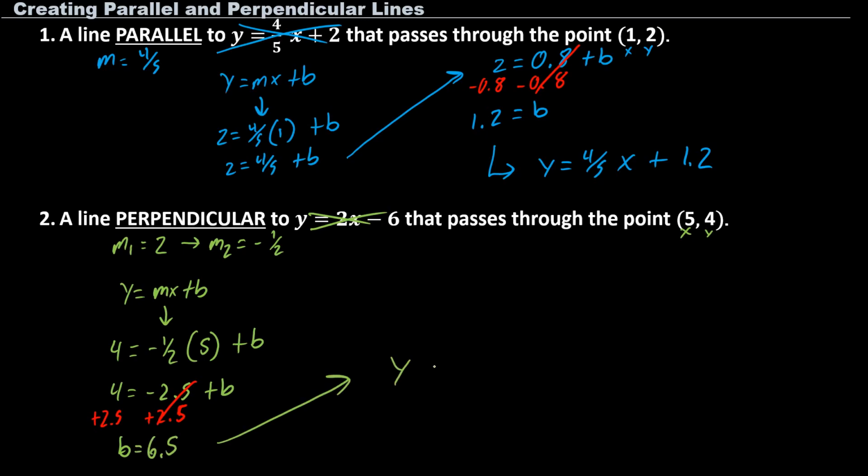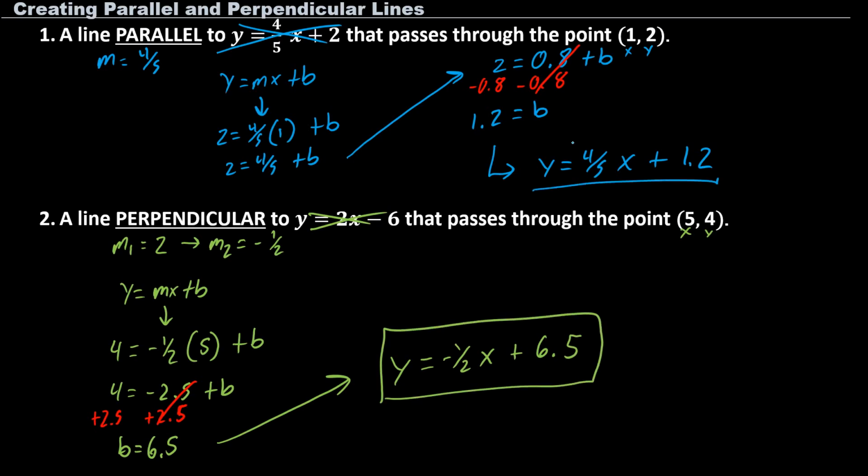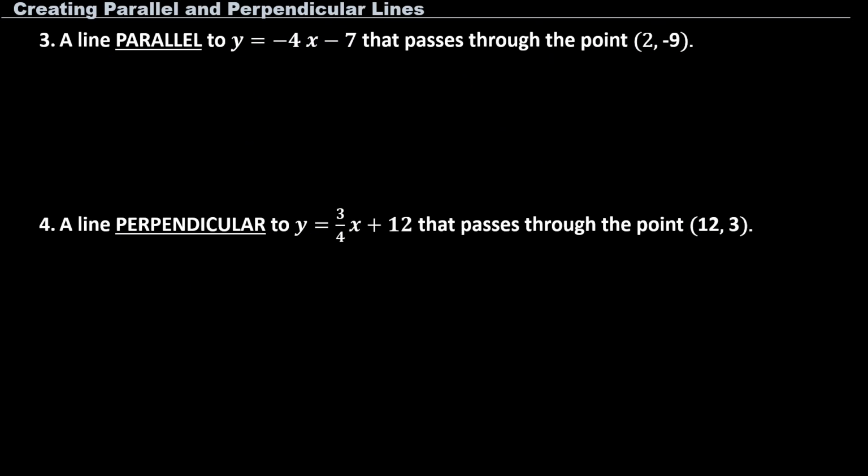So my equation here is y equals negative 1/2 x plus 6.5. And that's how you make parallel and perpendicular lines. As we do some more, again, we're doing a parallel line, and then we're doing a perpendicular line.